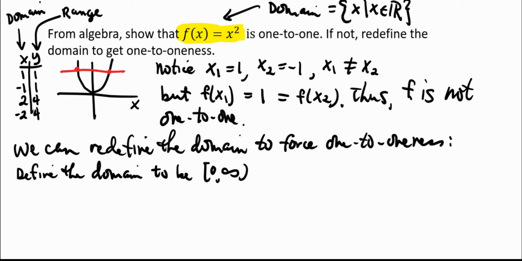And you could have also chosen from negative infinity to 0. So that means in terms of the graph, we're only looking at this side. So now when you apply the horizontal line test, it only crosses that graph just one time. Basically, this domain kicks out those negative values. It's not supposed to happen. Kicks out those guys, right? And so then from there, you do get one-to-oneness.